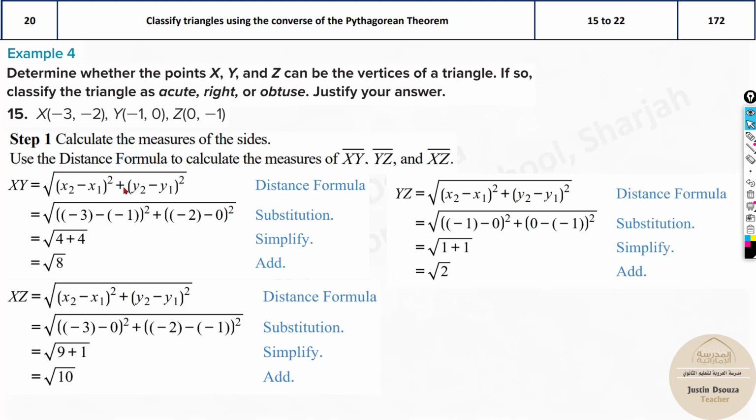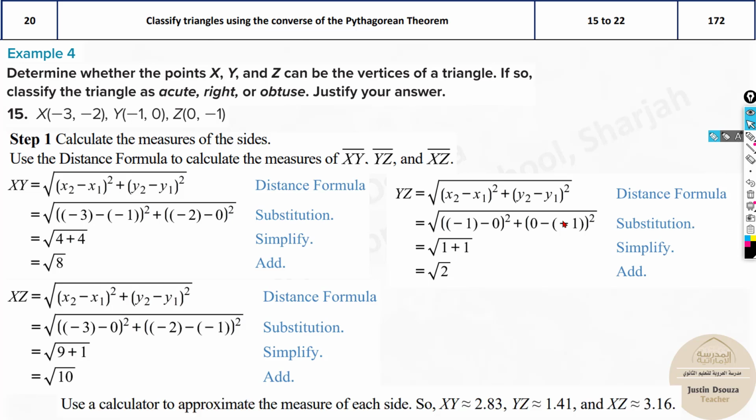It's just the root of (x2 minus x1) the whole square plus (y2 minus y1) the whole square. It's up to you to select the points. You can choose X, Y. If you choose these two, then the next one will be Y, Z and ZX or XZ. Three lines will be selected. There won't be more lines, only three, because there are only three points.